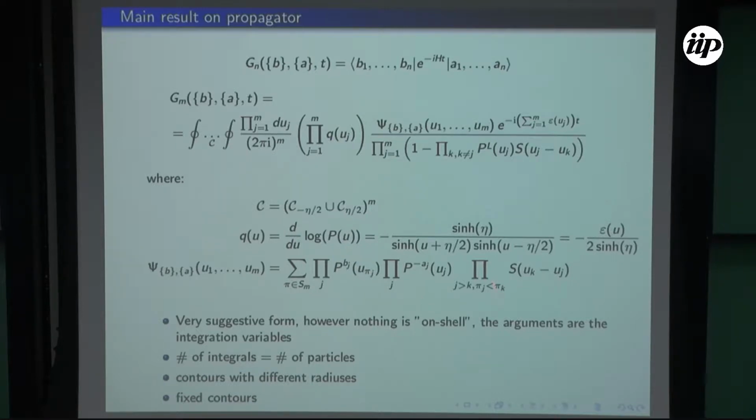But I would like to again emphasize that the arguments everywhere are integration variables, and this contour goes around 2 points, minus 8/2 and 8/2, in all u variables, and 8 is related to the delta anisotropy.